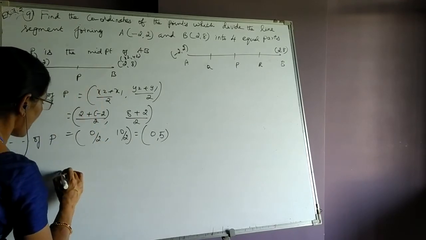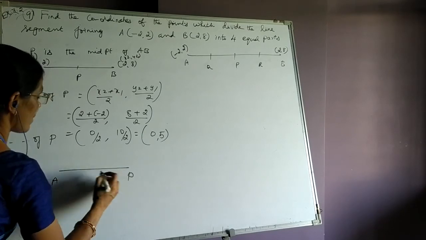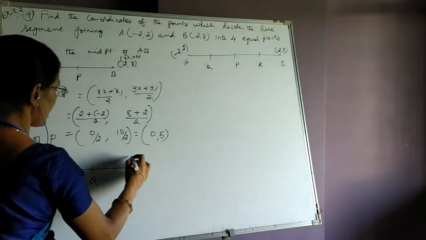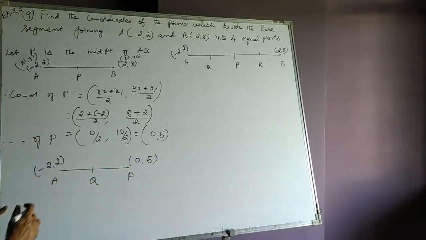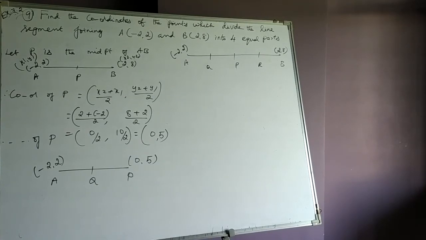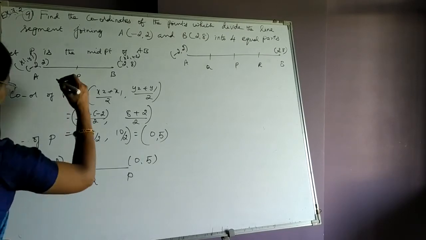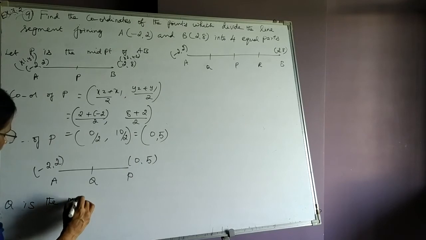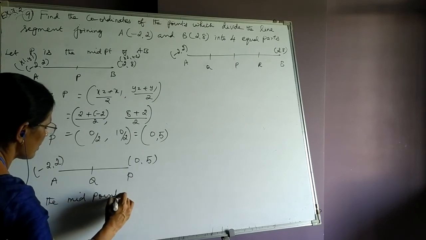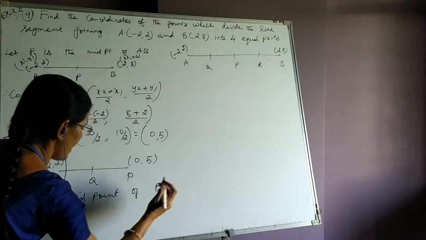Now using A and P, we are going to find out Q. P value is (0, 5) and A value is (-2, 2). Q is the midpoint of PA.